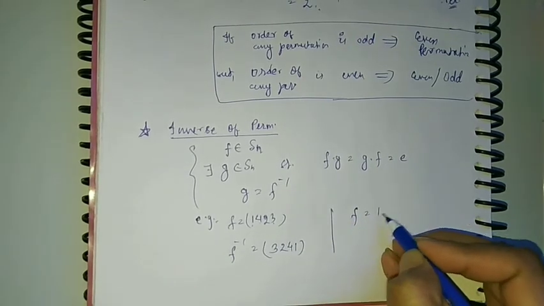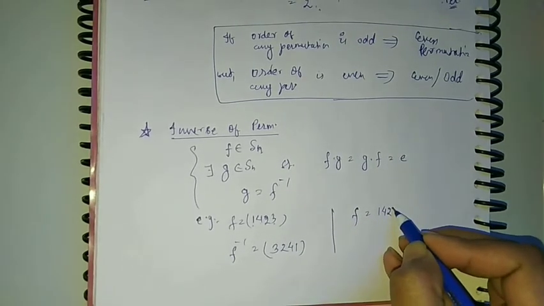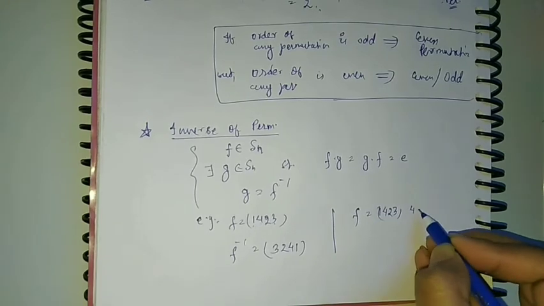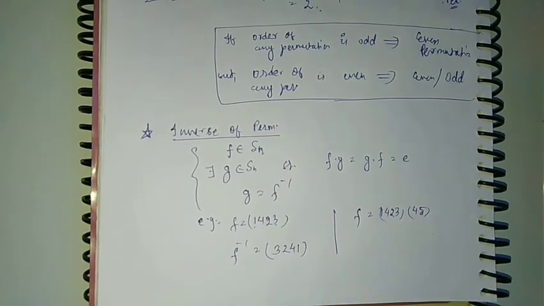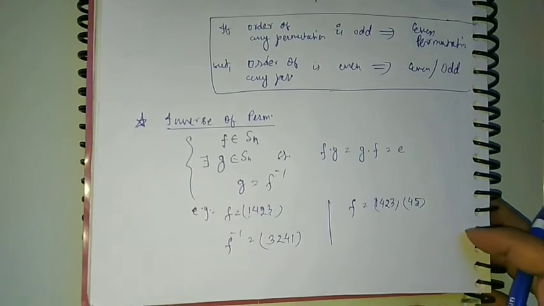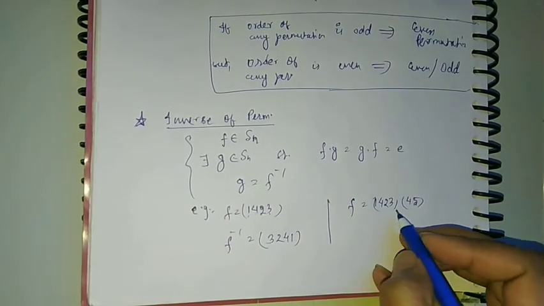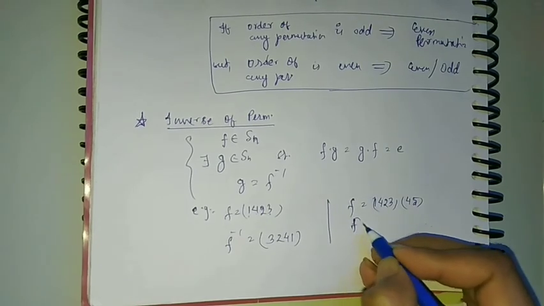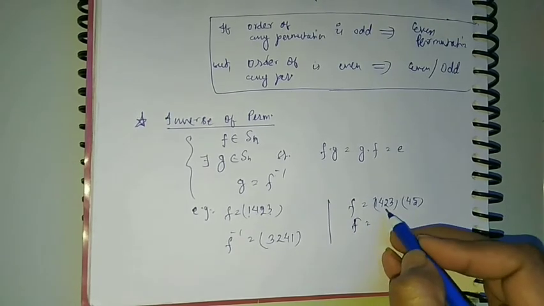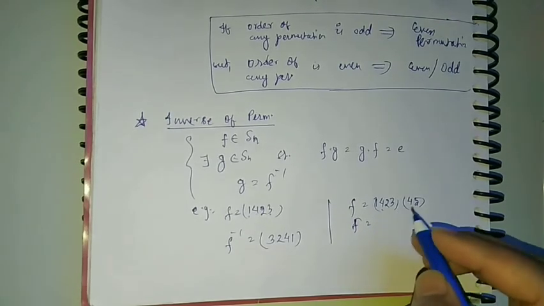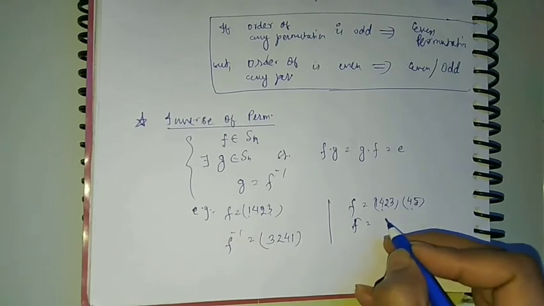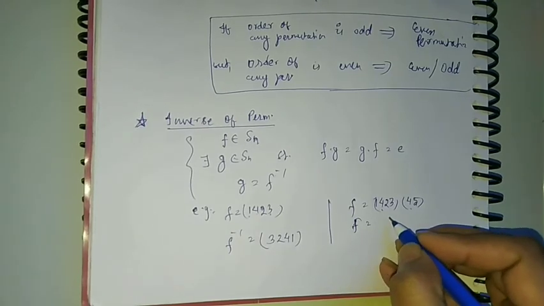If any permutation is in this form, (1 4 2 3)(4 5), then how can we find the inverse of this permutation? First we have to convert this into disjoint form. Here 4 and 4 are common, so we first convert into disjoint form. Just multiply it.